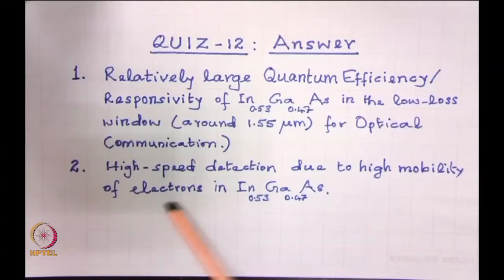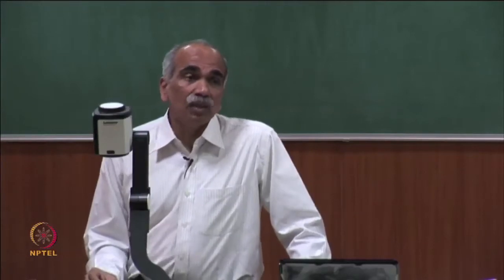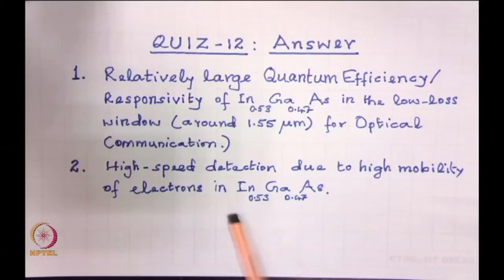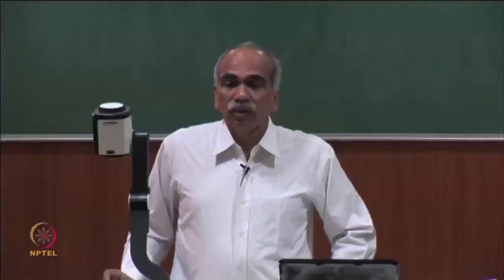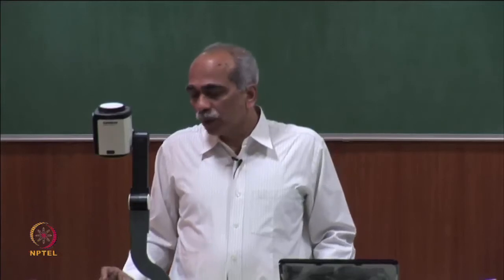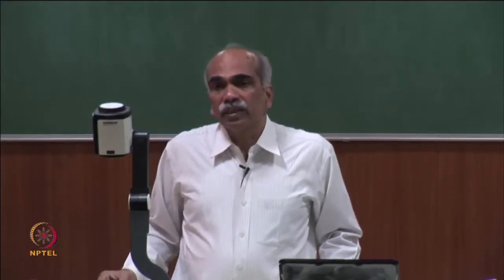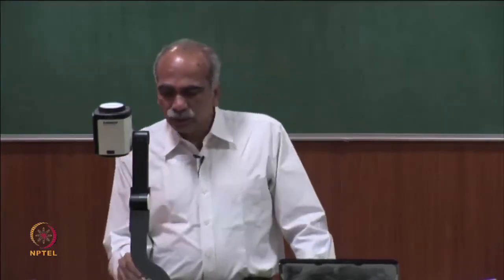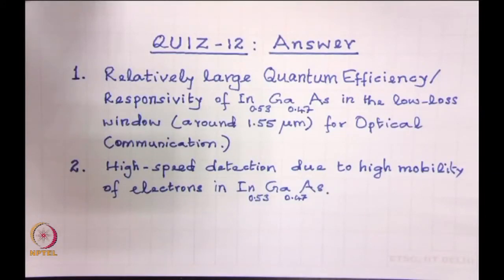So, a large mobility implies a large saturation velocity. Even at relatively smaller electric fields, one can get a large saturation velocity, and hence the transit time gets reduced and the detector becomes high speed, because in optical communication we are talking of 10 Gbps, 40 Gbps and so on. You need high speed detectors to detect the incoming pulses. So, these are the primary two reasons why one goes for indium gallium arsenide for optical fiber communication.